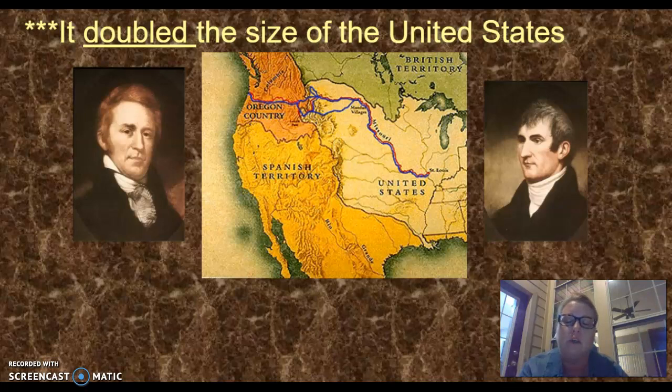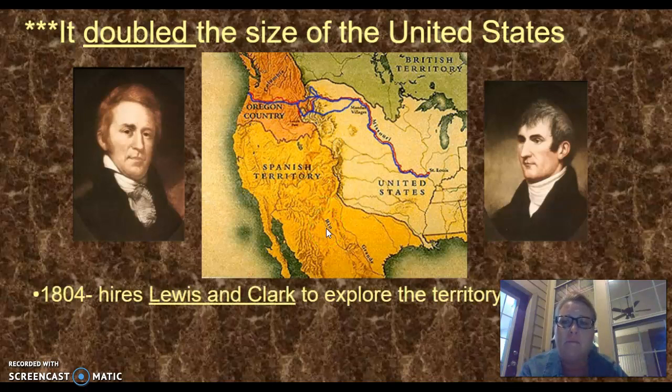But Jefferson needs to see what he had actually purchased, what kind of resources they had, animals, lands, Native Americans, what's going on out there. So he hired two people, Meriwether Lewis and William Clark, and they set out on a 2-year expedition, as you can see in this map right here. They went up the Missouri River and all the way across.